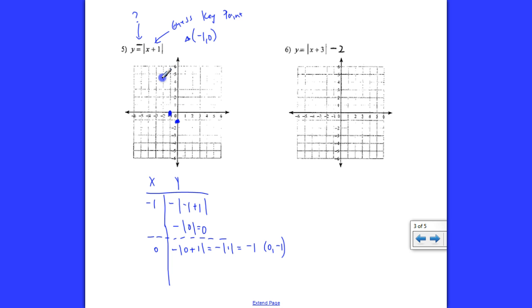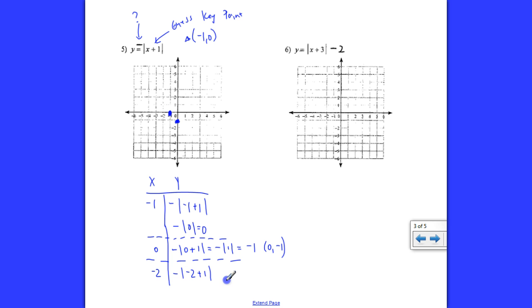Let's try a value over here on the other side of that key point to see if the graph keeps going up and figure out what's going on here. So that would be the value x is negative 2. Let's do the math. Plug it into the original equation, which is up here: negative 2 plus 1.